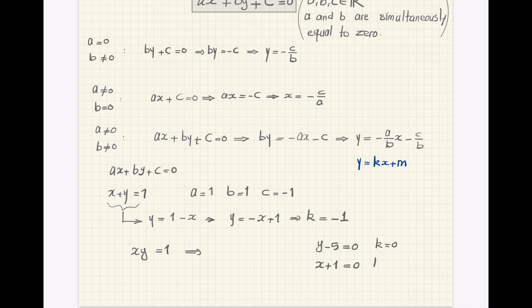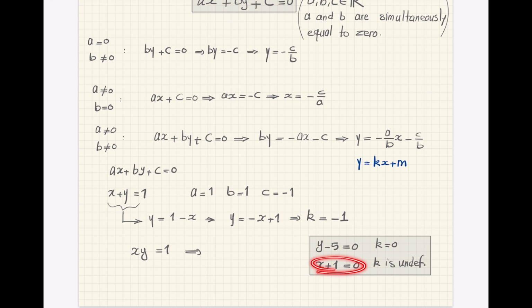If I have a vertical line, the slope is undefined. So be careful about these points. If in an equation of a line there is no x, you have a horizontal line, and the slope is 0.